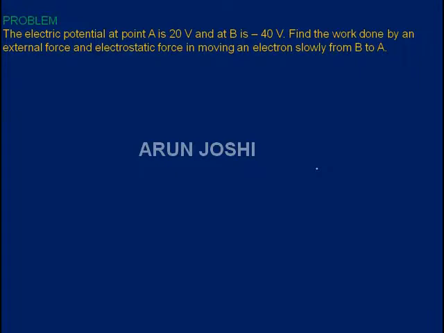One more question I am asking you. Find the work done by the external force and the electrostatic force. One thing is clear to you, the sum of work done by the external force plus internal force should be 0.